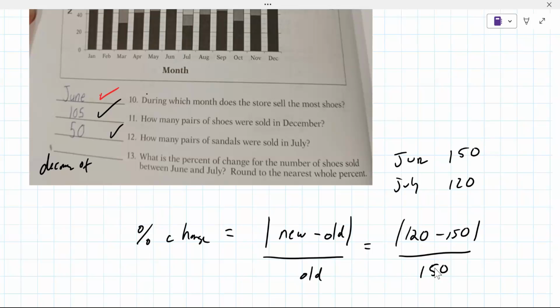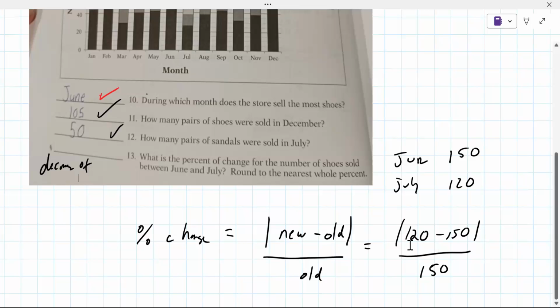Okay, negative 30 divided by 150, negative 0.2.